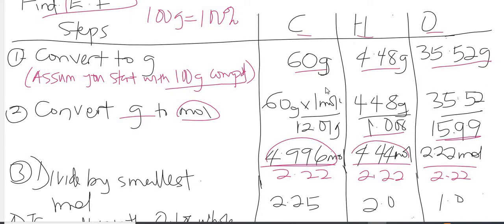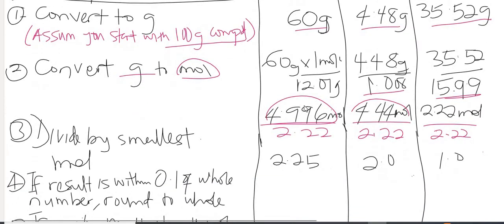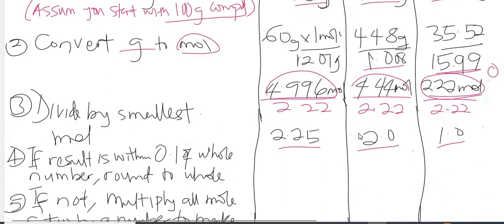So the next thing is we divide by the smallest mole. The smallest mole that we have is 2.22 moles from our oxygen. So we divide everything by 2.22 moles from oxygen. When we do that, we have 2.25 for carbon, 2.0 for hydrogen, and 1.0 for oxygen.